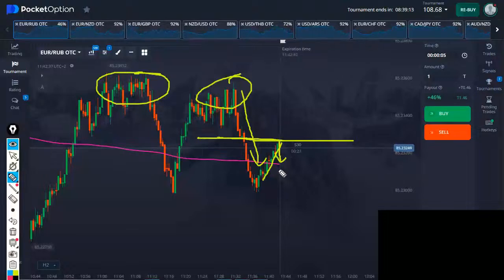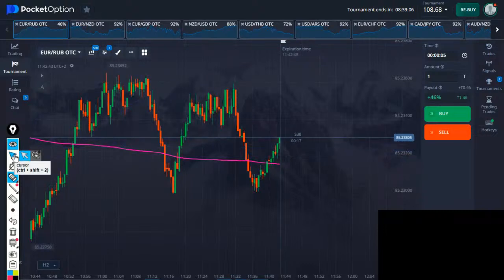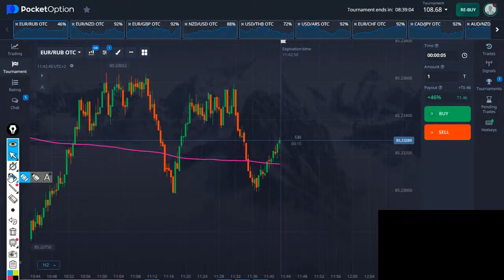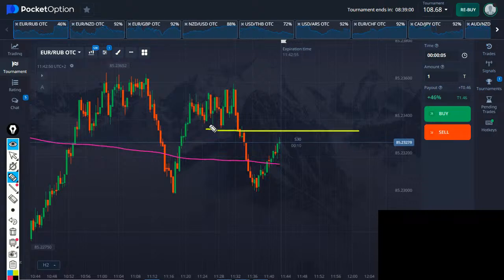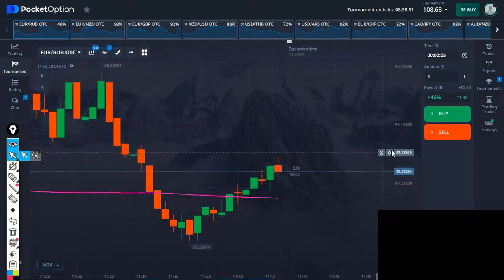Now, despite the fact that the price is a little bit above the 200, I will start taking sells on this one at this point, since also it coincides with a strong support. It was a resistance, now it became support. So let's go ahead and look for reds.